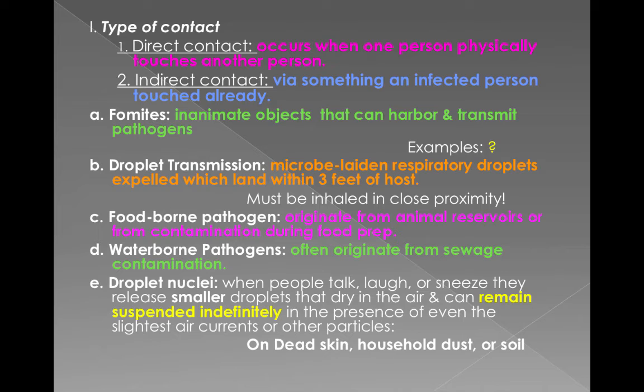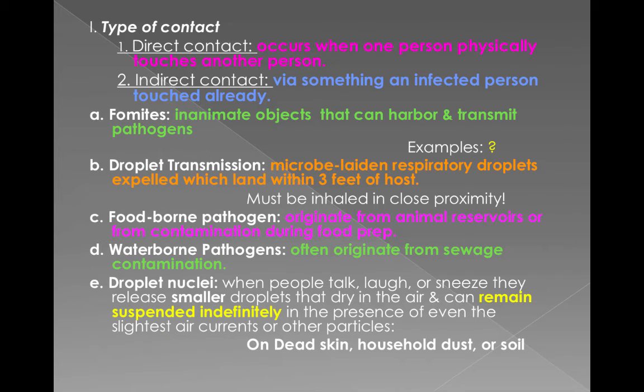And I think in our class we've already spoken about mono and how it's given the name the kissing disease. But at the same time, it doesn't mean that mouths have to touch in order for that to be transmitted. In fact, a person could transfer it indirectly through a water bottle by sharing. Or, hey, can I have a bite of your pizza? That looks really good. So, fomites are those inanimate objects that can harbor and transmit pathogens.